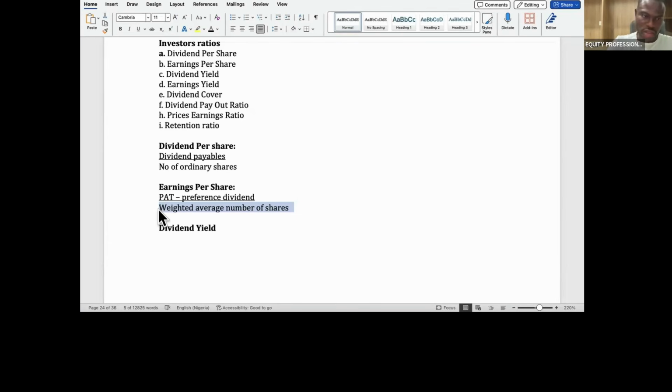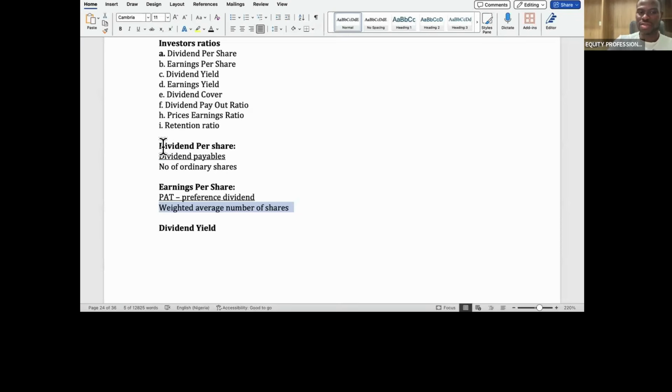Because there are some people that will just buy their shares during the year. Those ones, you don't expect that they will get earnings for the whole 12 months. The earnings should be attributable to the number of months they are there, because their money only worked for those periods.